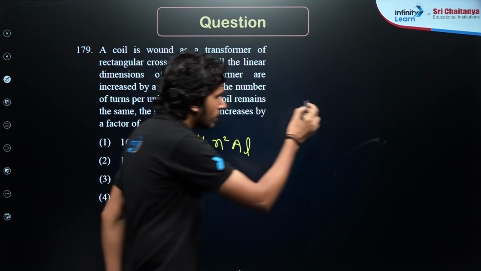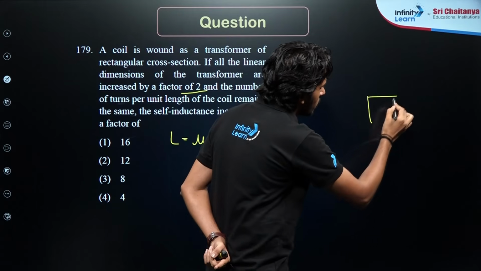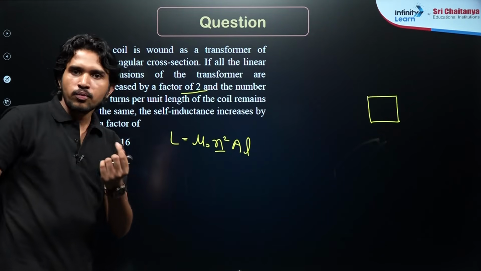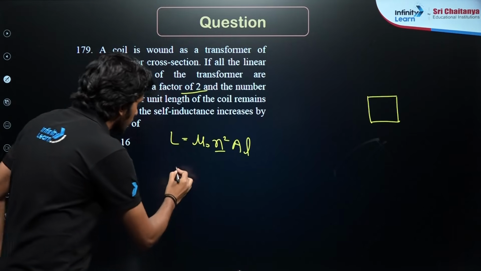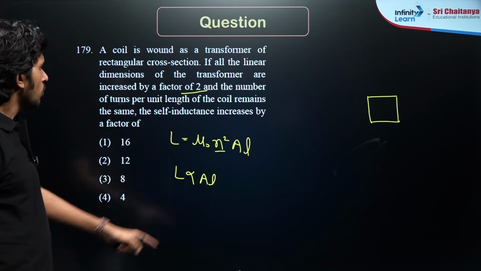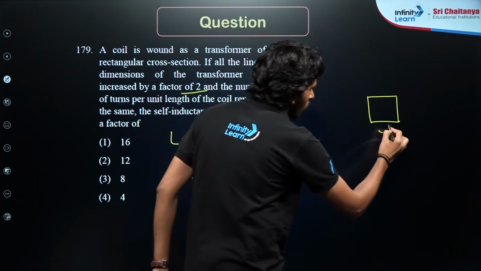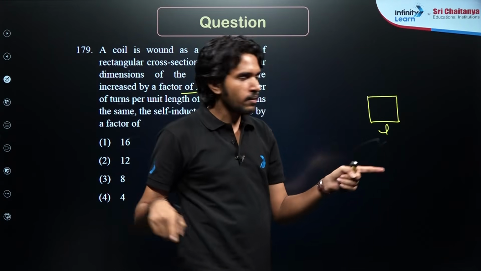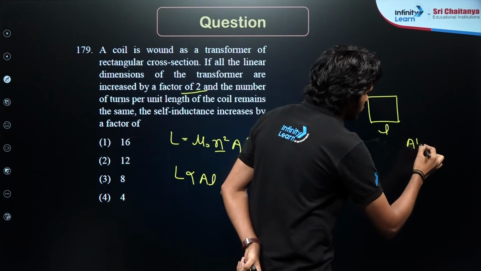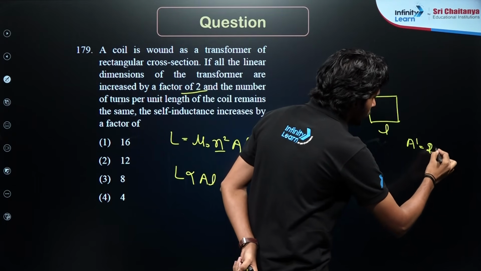Now if length becomes twice, n is the number of turns per unit length, that is constant. So I am taking L proportional to A and L. If the length of the square coil becomes 2L, then the area A dash becomes 4A.